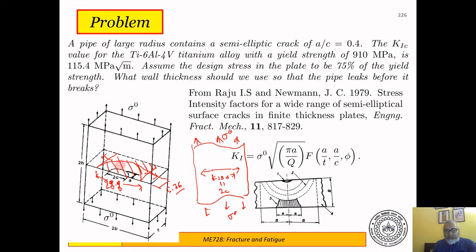Remember, this is the length direction of the cylinder, and the cylinder center is somewhere here. Okay, so we don't want it to grow along the length. So what do we do? How do we figure out whether it grows?